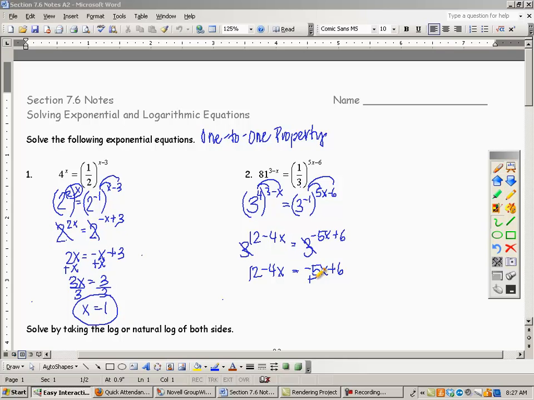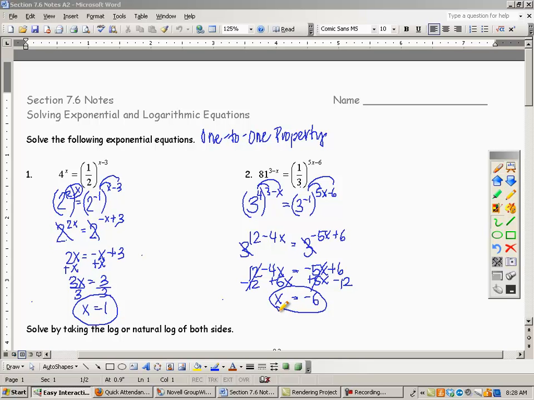I'm going to move the 5x, and if I move the 5x to the left, then the 12 has to go to the right. Negative 4 plus 5 is 1x. 6 minus 12 is negative 6, so x equals negative 6.